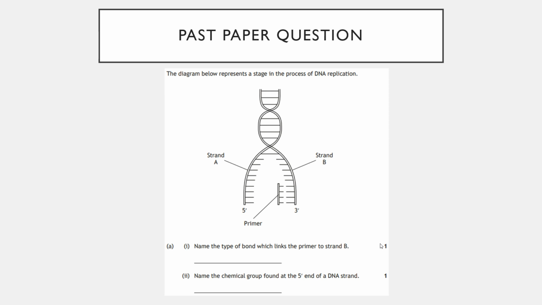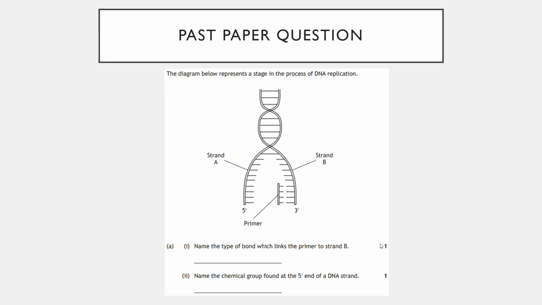Let's try another. The diagram will show us a part of the process of DNA replication, which will be the topic of a subsequent video. But it's good to see how knowing the structure and appreciating the different features of the DNA molecule can be useful for what's to come later.